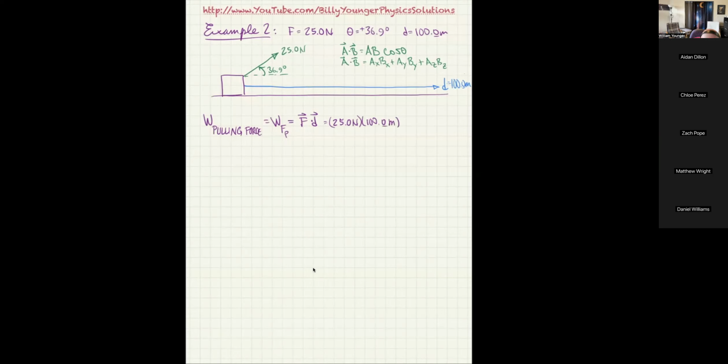And then all I have to do is take the cosine of the angle between them. Notice if I slid this d vector up, it would go right here. And then I'd see that the angle between them, when it's tail to tail, is in fact 36.9. So all I have to write is cosine 36.9 degrees.